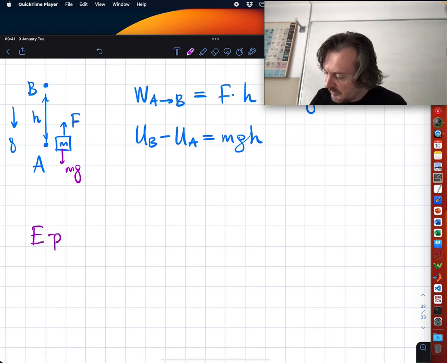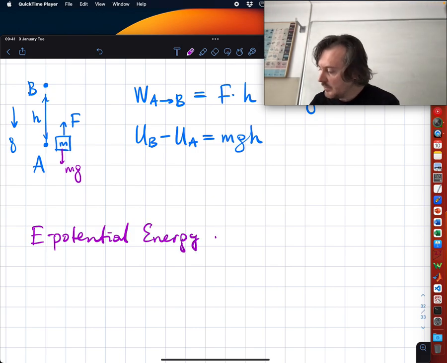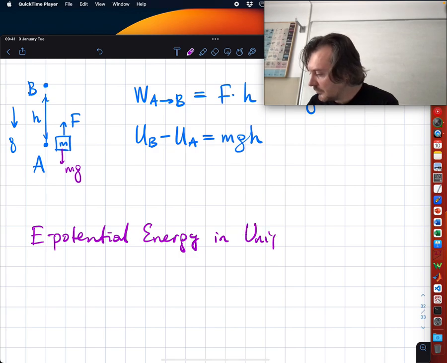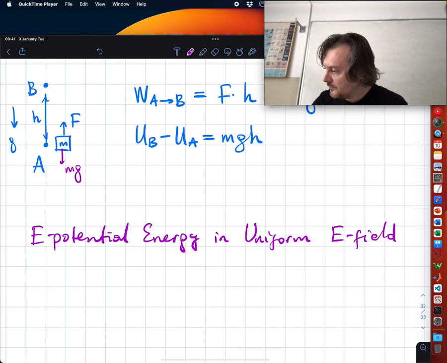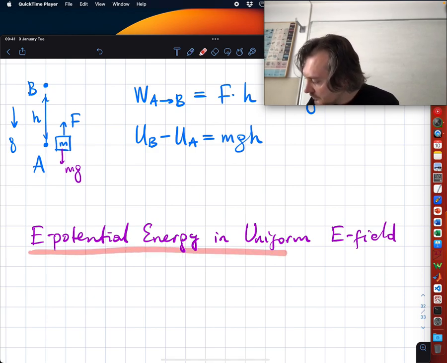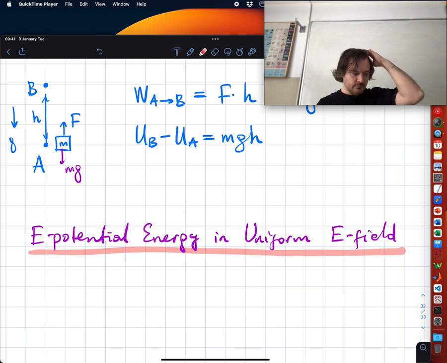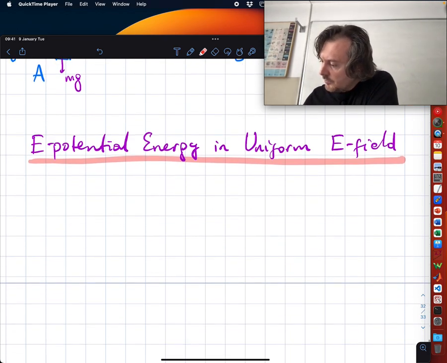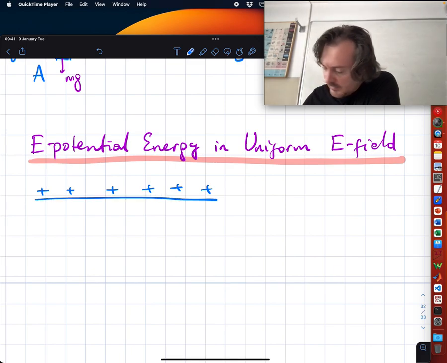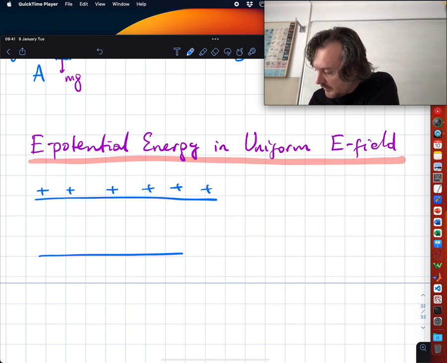Electric potential energy in a uniform electric field. So to create a uniform electric field, I'm going to assume that I have a plus charge over here and a minus charge downstairs here.